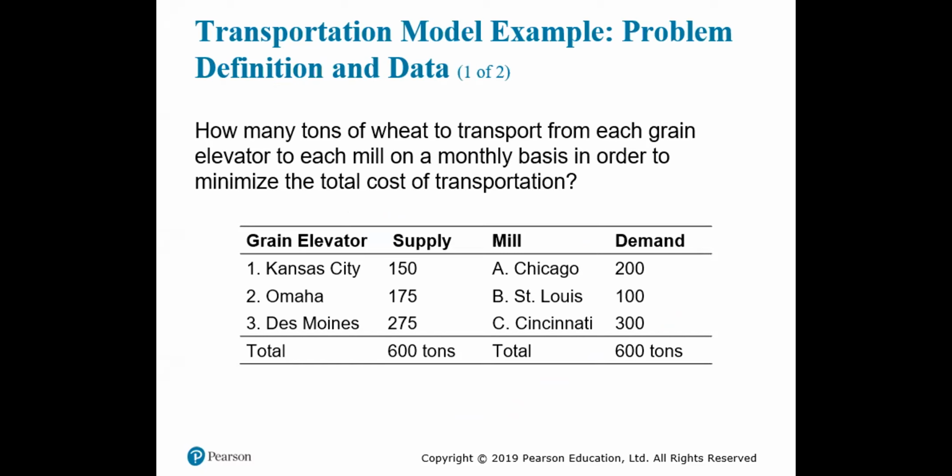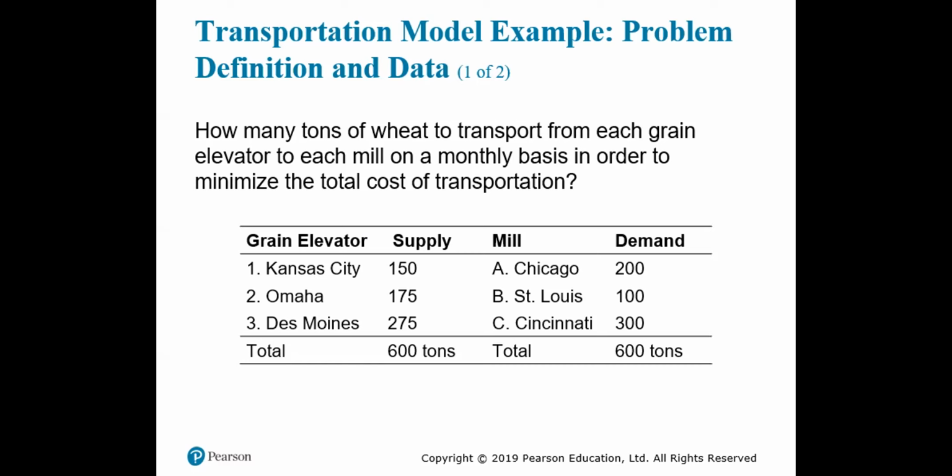What the solution seeks to tell us is how much of the supply in Kansas City we should send to Chicago, St. Louis, and Cincinnati, how much of Omaha's supply we should send to the three, and how much of Des Moines.